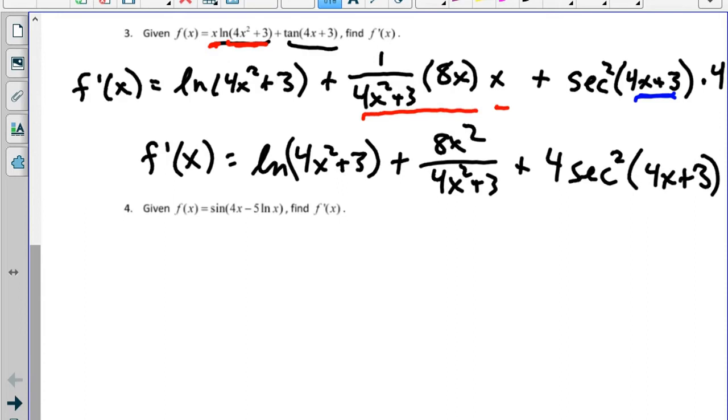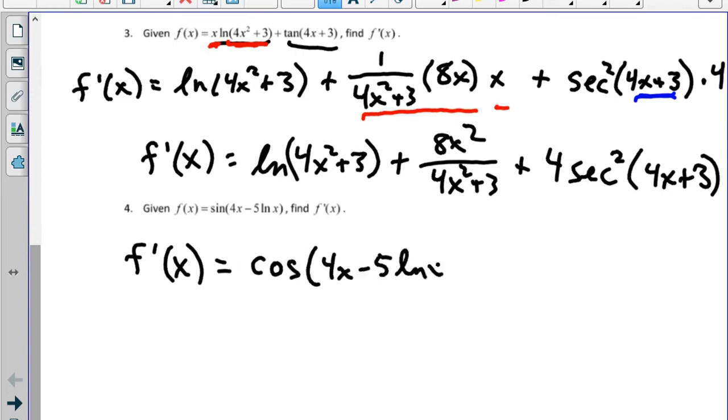Number 4, given f of x equals sine of 4x minus 5 natural log of x, find f prime. So f prime of x, we don't have any product rule or anything in here, but we do have the derivative of sine is cosine. So we have cosine of 4x minus 5 natural log of x. Now we need to do the chain rule.